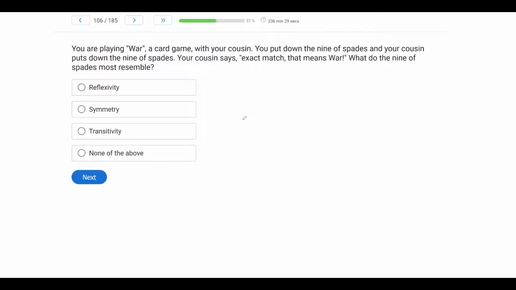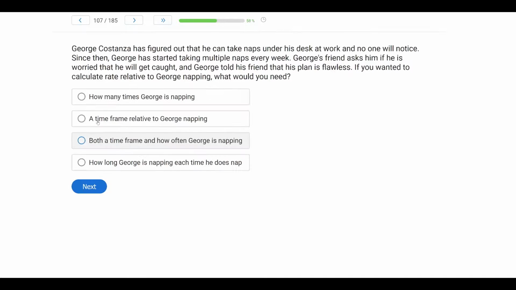And so you need to know what is reflexivity, what is symmetry, what is transitivity. If you know that, this question becomes rather easy. I think stimulus equivalence is one of those ideas that when you first start learning, it can be quite difficult. But once you get a hang of what the question wants you to know and the difference between these three types of equivalence, these questions become quite easy. So the nine of spades most resembles reflexivity.